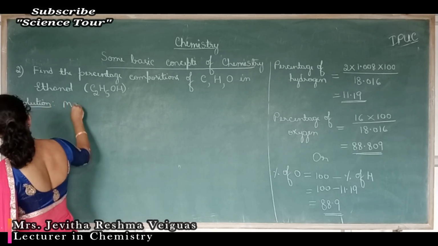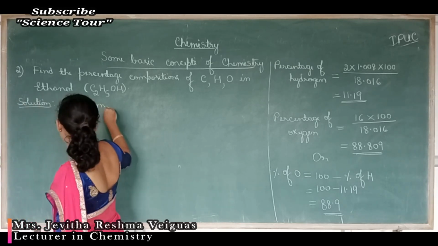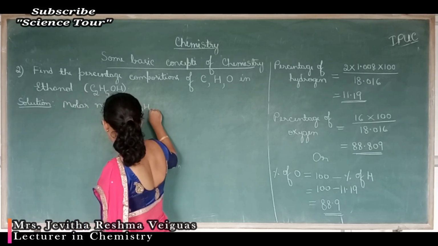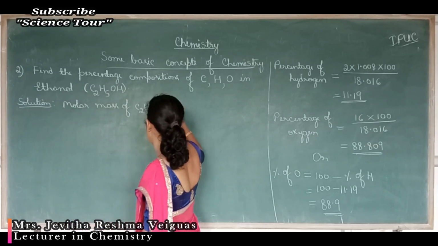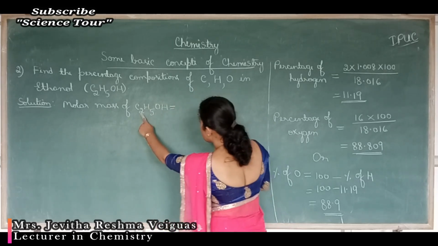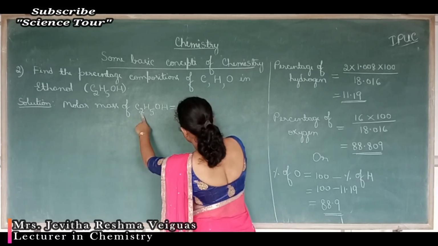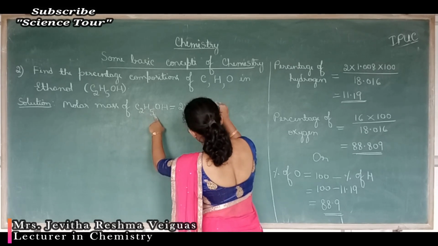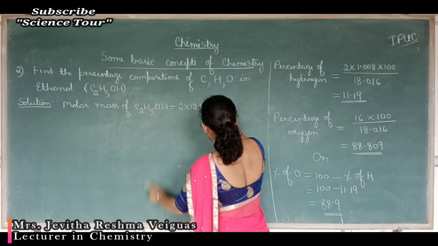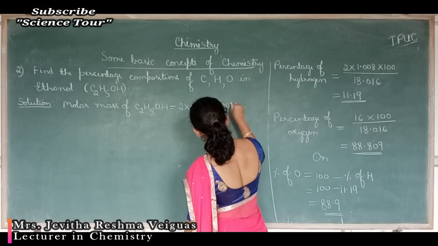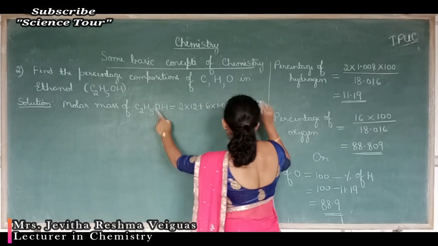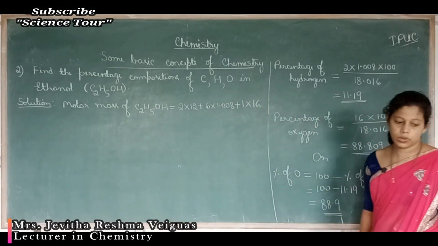The number of carbon atoms is 2, so 2 into 12, plus the total number of hydrogen atoms, which is 6 (5 and 1), so 6 into 1.008, plus there is one oxygen whose atomic mass is 16, hence 1 into 16.